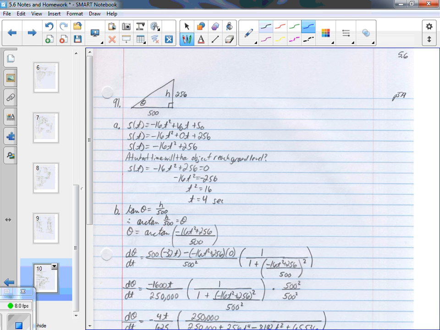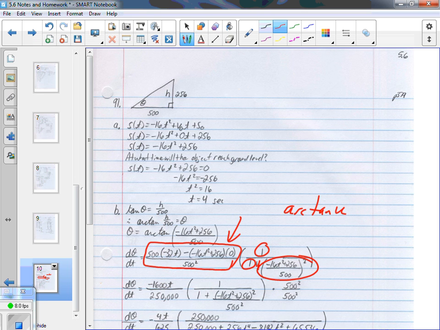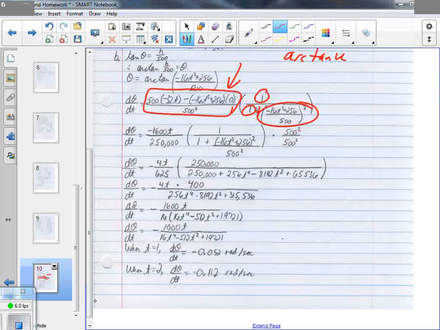I'm sorry. All of that is the derivative of u, part of the arctangent of u. Sorry. Okay? So it's 1 over 1 plus u squared times the derivative of u. All right? Then you simplify, simplify, simplify.